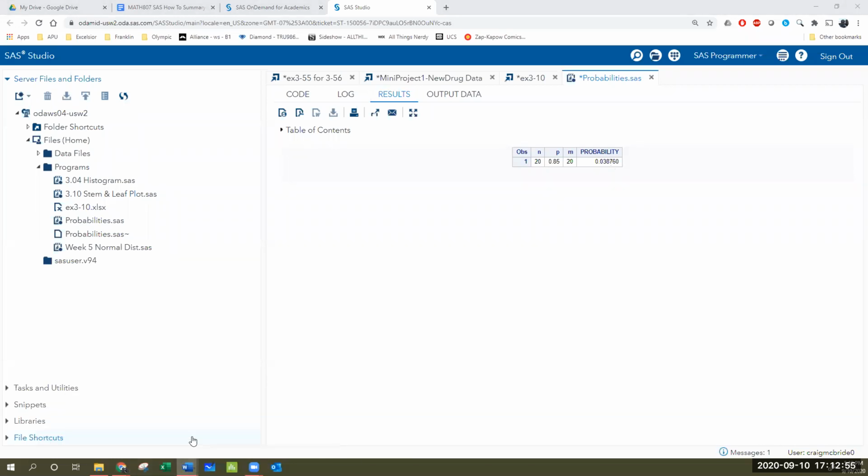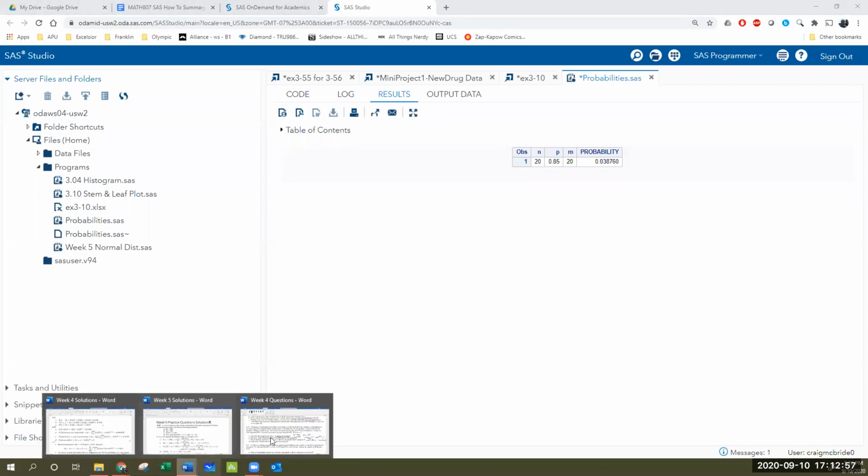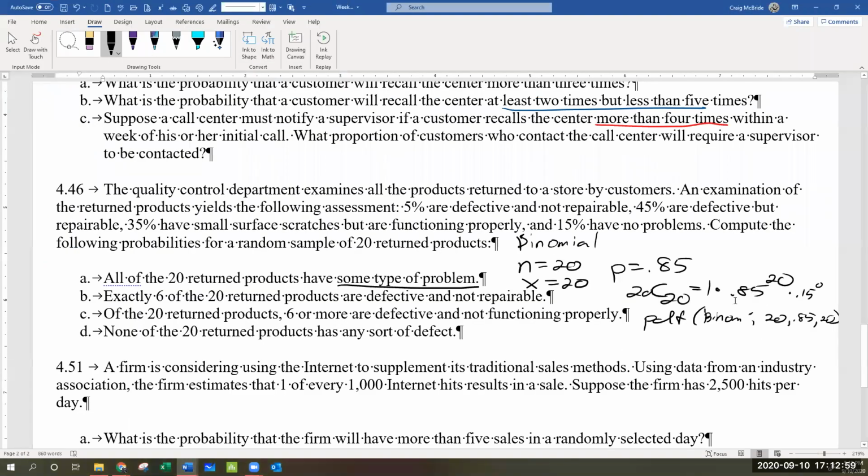Or at least in the case of this one, it's such a simple calculation that you could literally just do 0.85 and raise it to the 20th in your calculator and get an answer, and that's fine. But to do the rest, you're going to want to use technology for the rest.